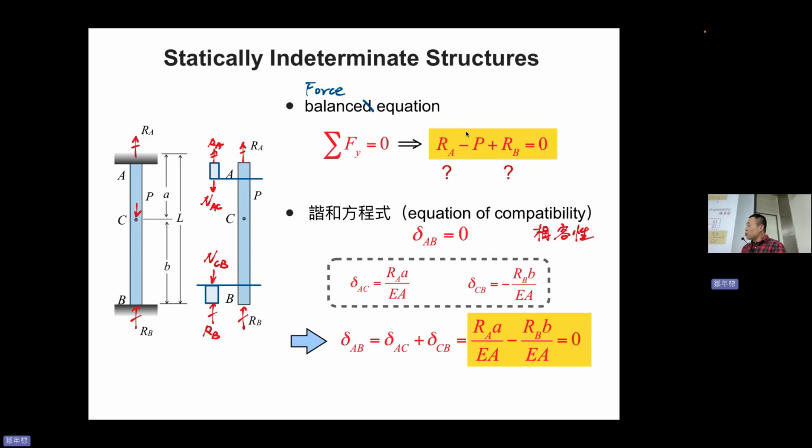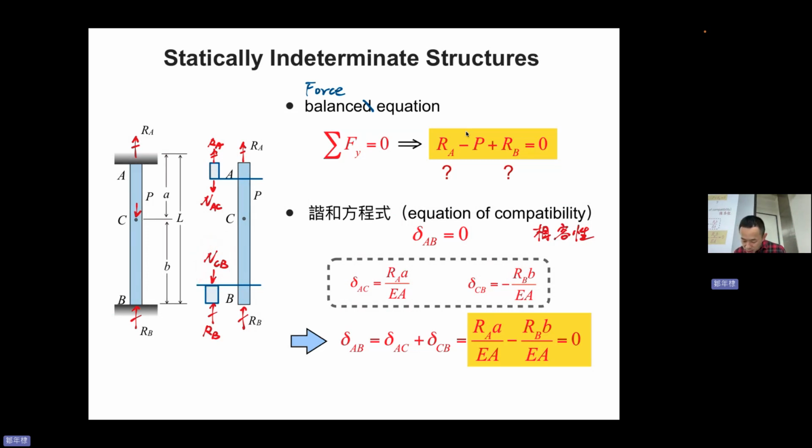Maybe you will ask, are you sure this is positive or negative? We are not sure, but we know that delta AC and delta CB have different signs. We are sure about this, but we don't know which one is positive or negative, because we don't have the values yet. But we are sure they have opposite signs. And for RB, it is NCB, right?